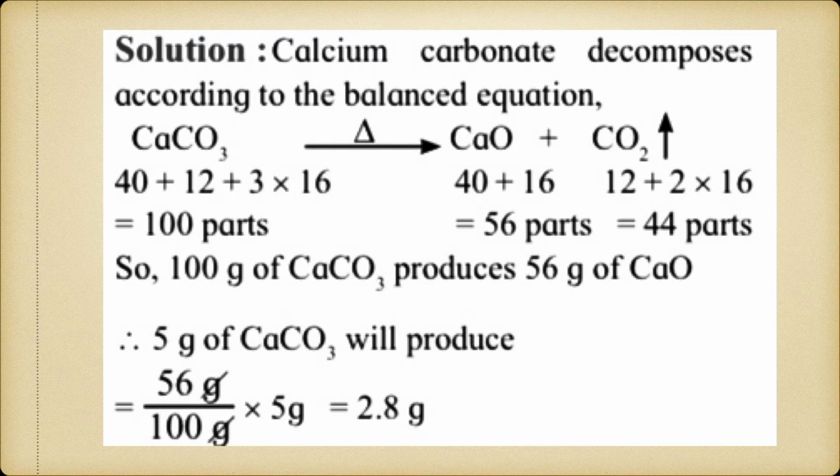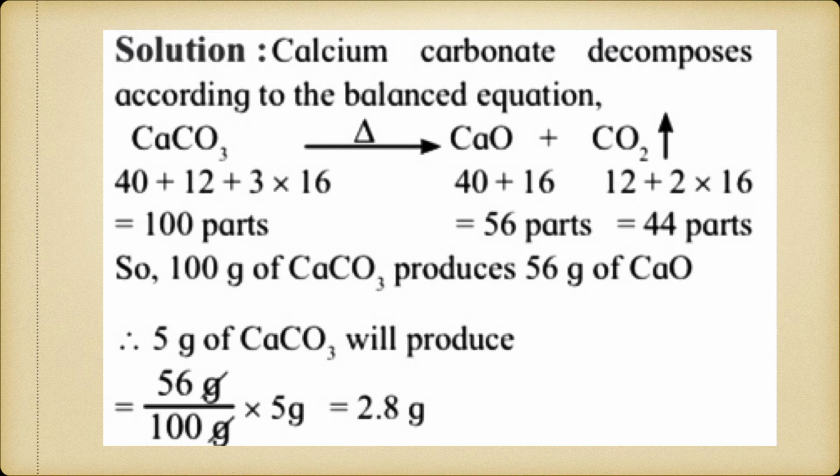In the arrow, the triangle sign indicates heat because it is a decomposition reaction. Now you have to balance it. When you balance it, we can see that an equal number of atoms of calcium, carbon and oxygen is there on both sides. So I can say that 1 mole of calcium carbonate gives 1 mole of CaO and 1 mole of carbon dioxide.